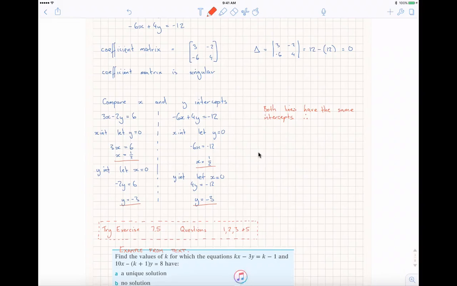As they both have the same intercepts, therefore the lines must lie on top of one another. And our answer is then infinitely many solutions.